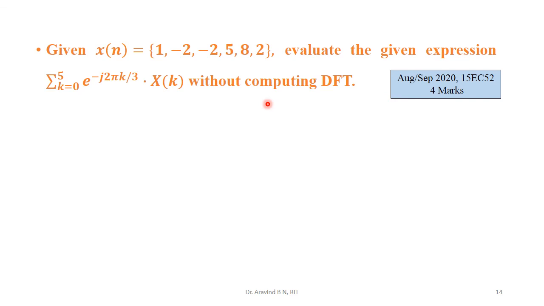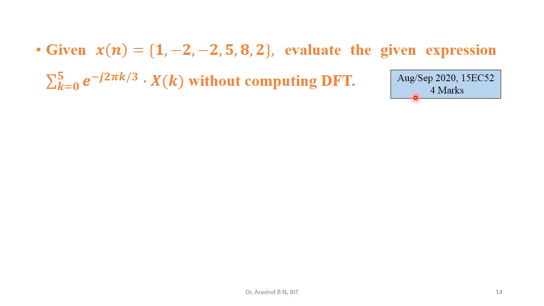So let us have one more such problem statement. Given x of n is equal to 1, minus 2, minus 2, 5, 8, 2, evaluate the given expression summation k is equal to 0 to 5 e to the power of minus j 2 pi k divided by 3 into X of k without computing the DFT.